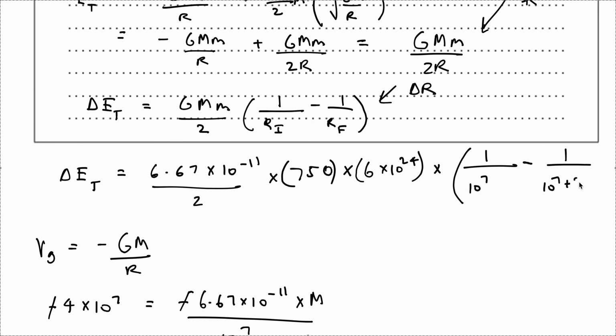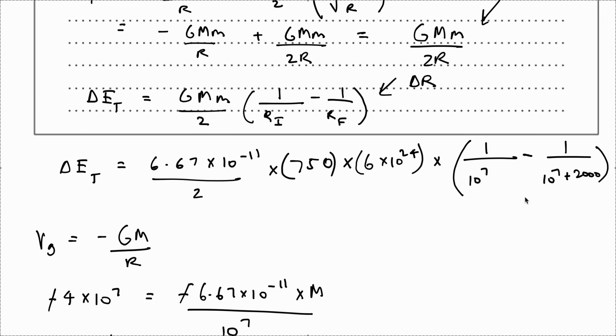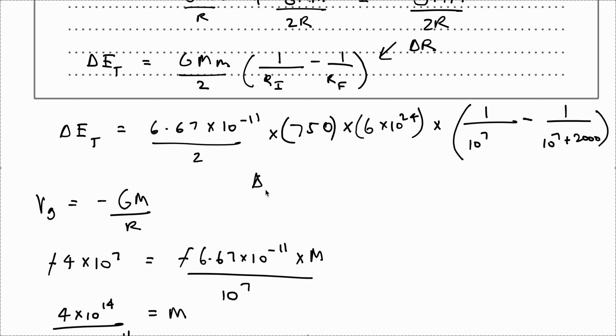Kilometers to meters, 2000. So if I put this expression in the calculator, I'll be able to get the change in the total gravitational energy. Let's check it out. Times 750 times 10 to the power of 24, then 1 over 10 to the power of 7 minus 1 over 10 to the power of 7 plus 2000.